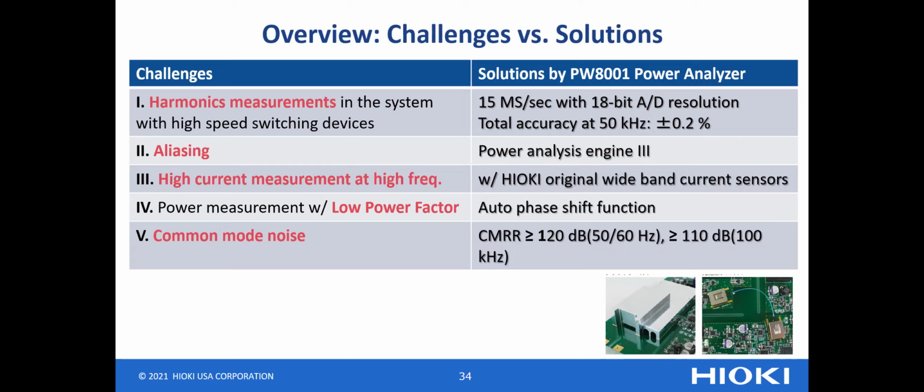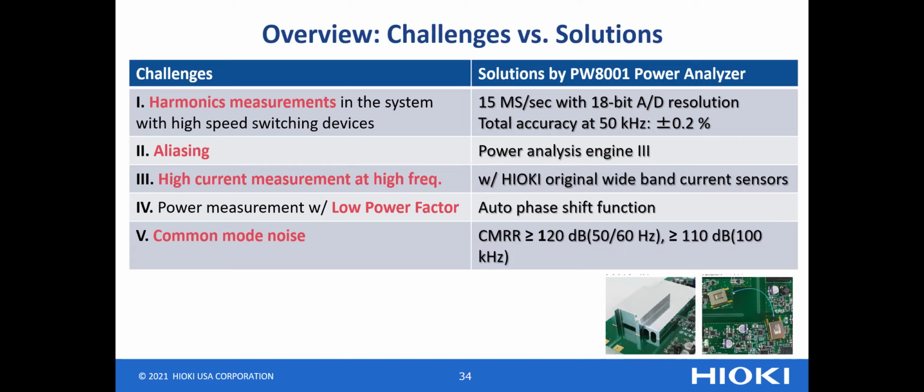This is not avoidable. So the PW8001 implements an auto phase shift function to correct the phase error. This is the first equipment to do phase error correction automatically.